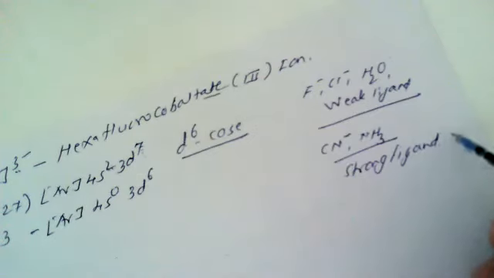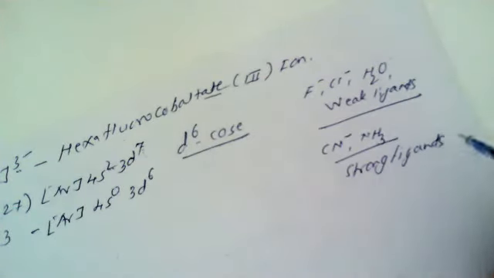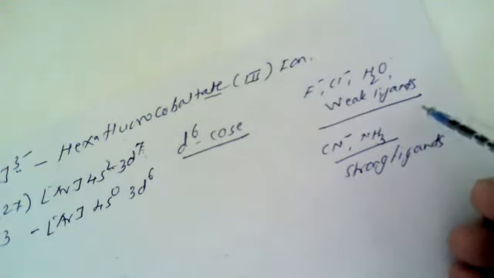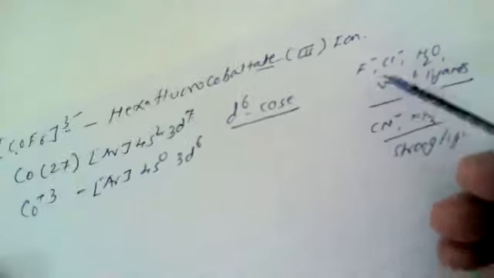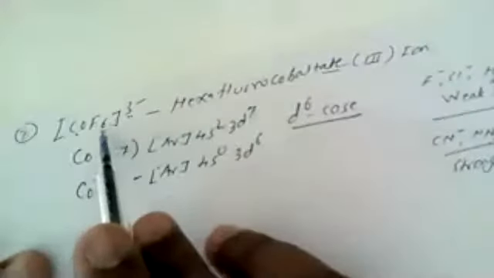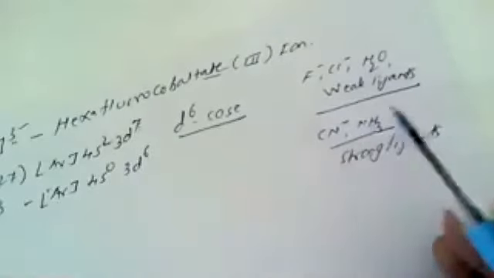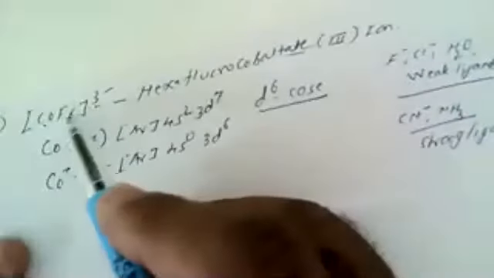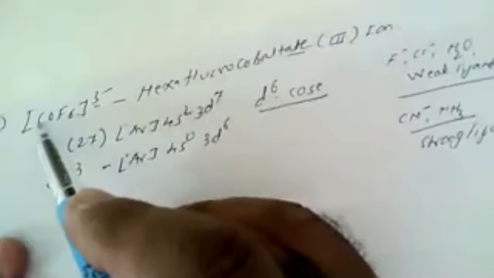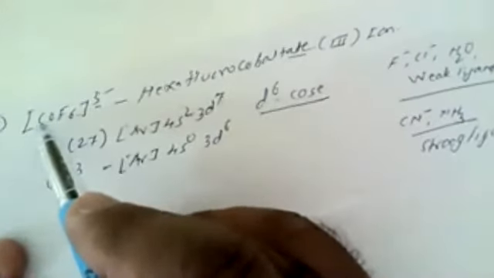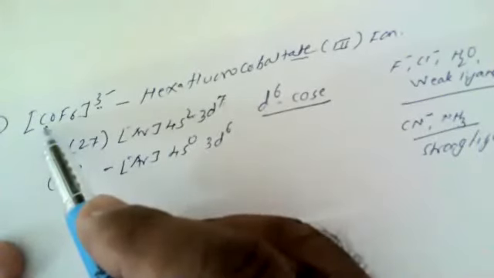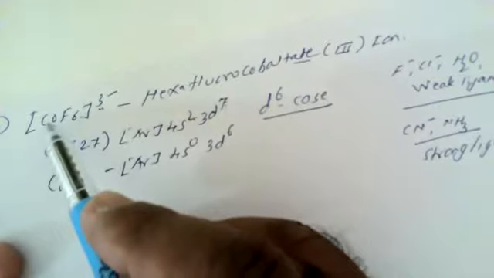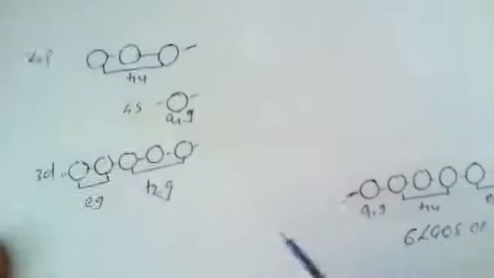Strong ligands interact with the metal d orbitals very strongly, while weak ligands interact with the metal d orbitals very weakly. So in this complex, fluorine is involved and fluorine is a weak ligand. So fluorine interacts with the metal d orbitals very weakly, and because the interaction is weak, the d orbitals of cobalt do not split to a maximum extent. The extent of splitting is very small.